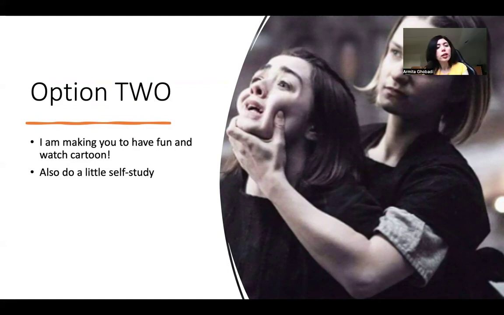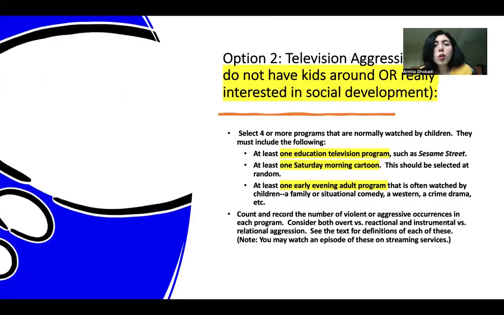Option number 2 is going to be for someone who doesn't have kids around, which can be so many of us, and they like cartoons, and they should do more self-study here. So here you're going to observe television aggression.